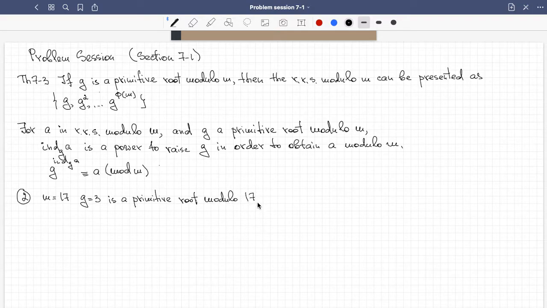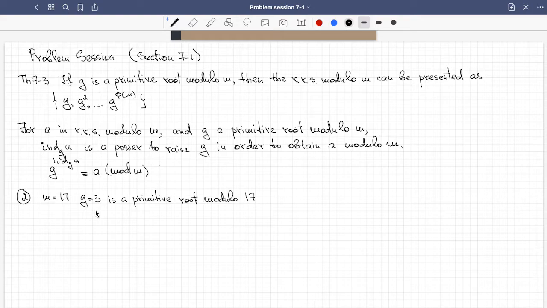We do not need now to prove that. We'll automatically prove it while constructing the table of indices. Also, we know primitive roots do not always exist, but 17 is a prime, and we already know from the next section that there exists a primitive root modulo 17. We even can calculate how many of them there are. 3 is one of them.